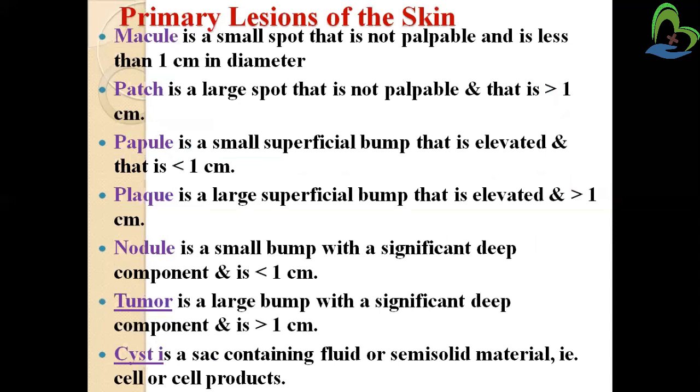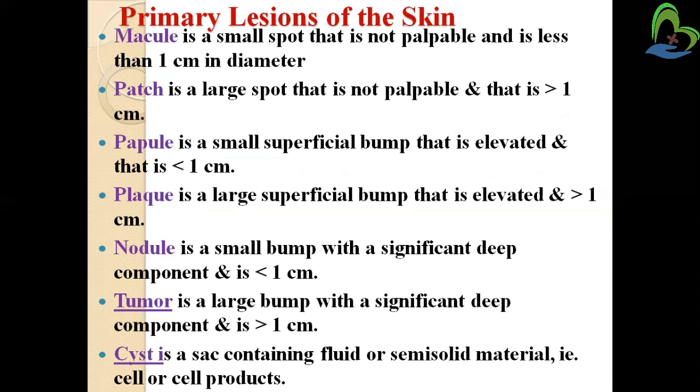So we will study the primary lesions of the skin. The first one is macule, which is a small spot that is not palpable and is less than 1 centimeter in diameter. The next one is patch, which is a large spot that is not palpable but is greater than 1 centimeter.